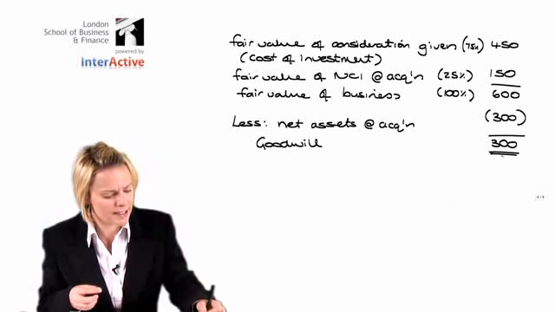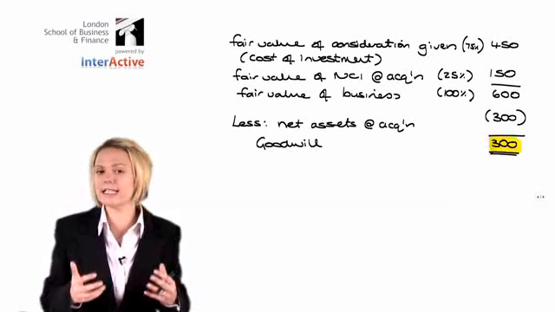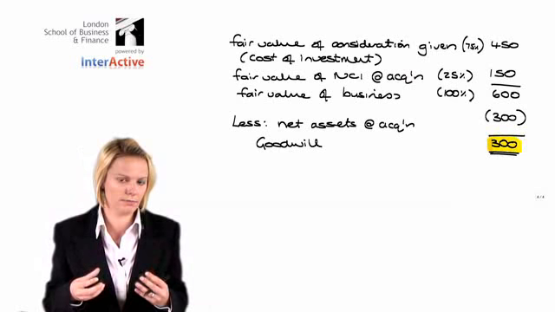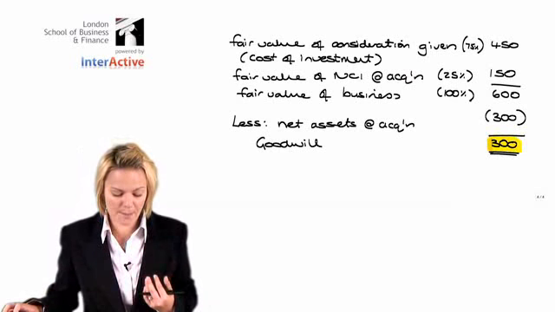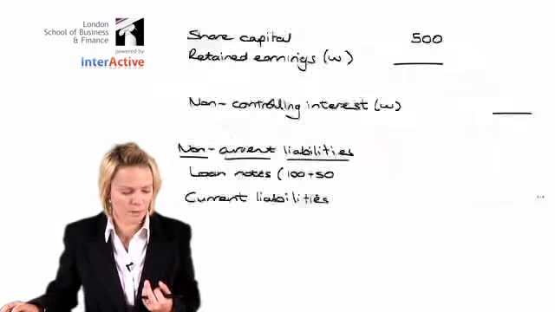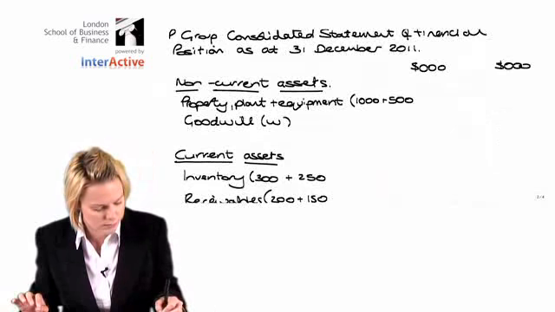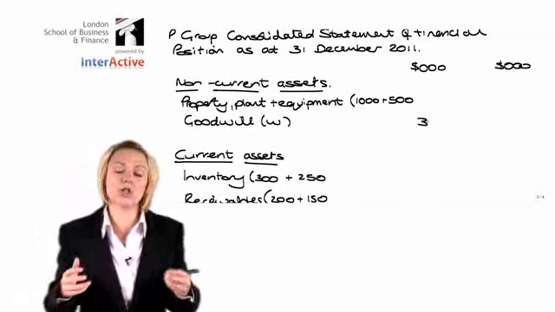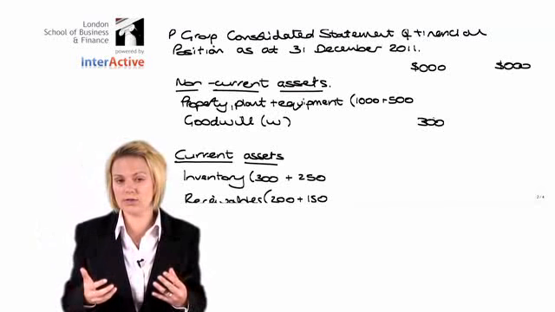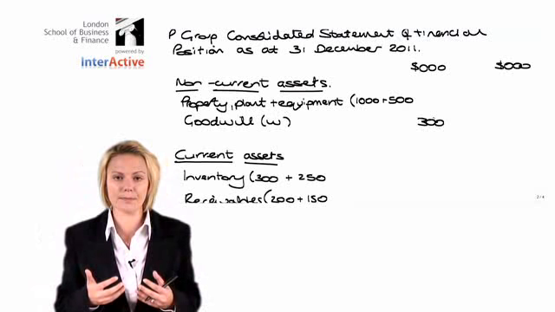So, this is our first figure that we're going to use in our consolidated statement of financial position. And if I can ask that you go back to your statement of financial position that we did in the previous session, goodwill is an asset to the group of 300,000. And that would be an example of an intangible asset.